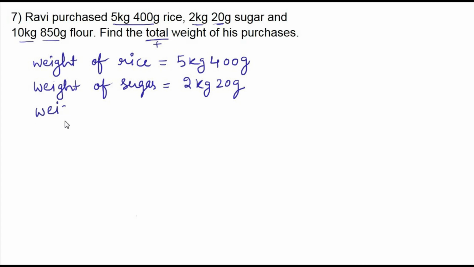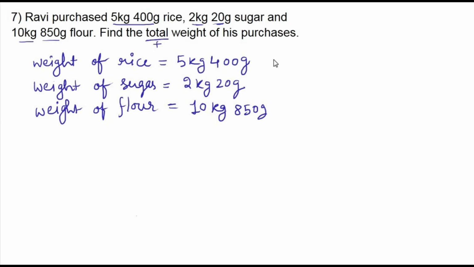Next is weight of flour which is 10 kg 850 gram. Here you can see that the weight of all the ingredients is in two different units.